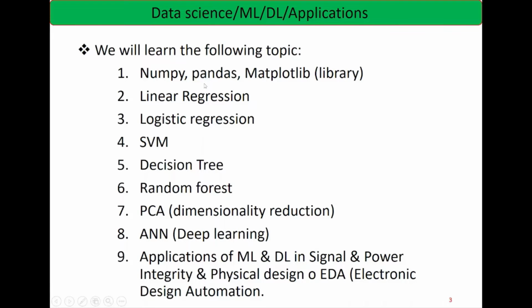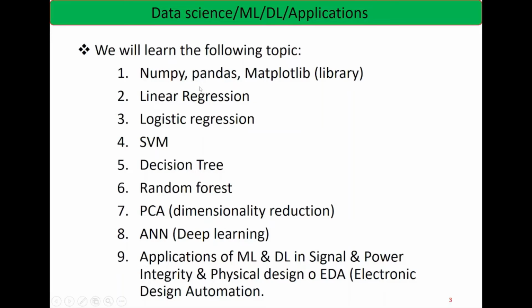Suppose we have an Excel file, we can extract information from any column or any row, from the Excel sheet or any other file, including CSV, Excel, JSON, or HTML files.